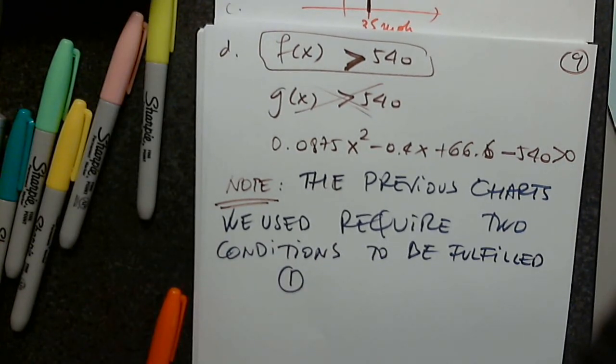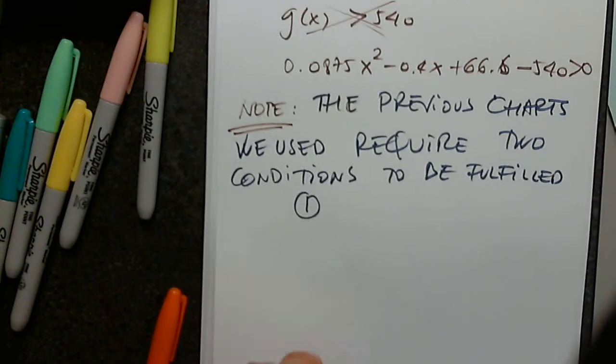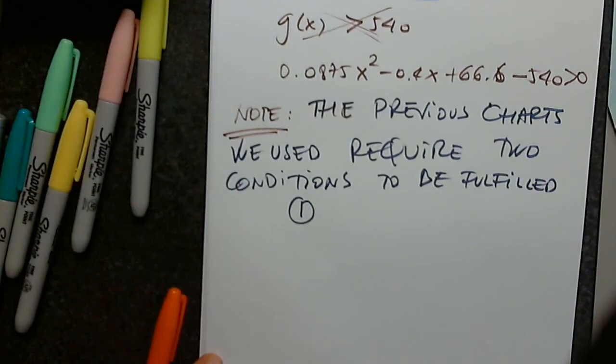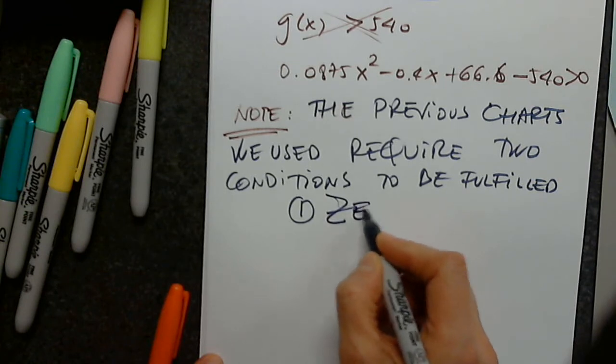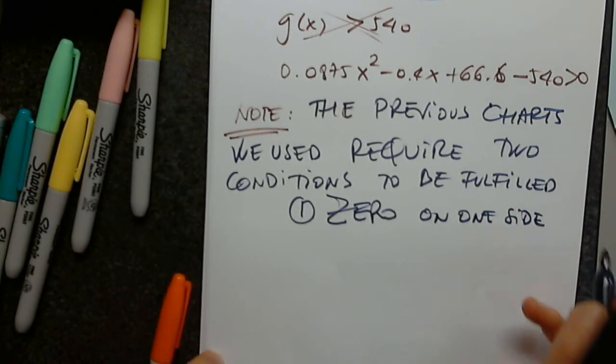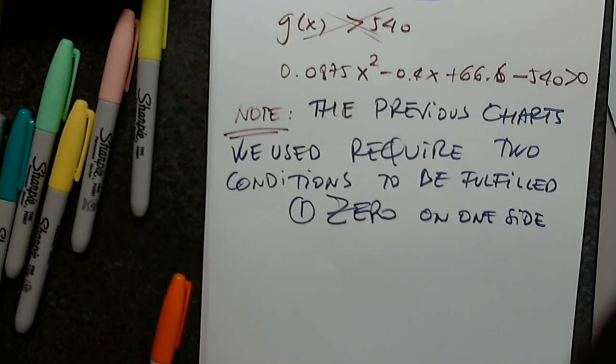The first condition, 0 must be on one side and nothing else. 0 on one side. Mandatory, 0 on one side, not a number or x or anything else.